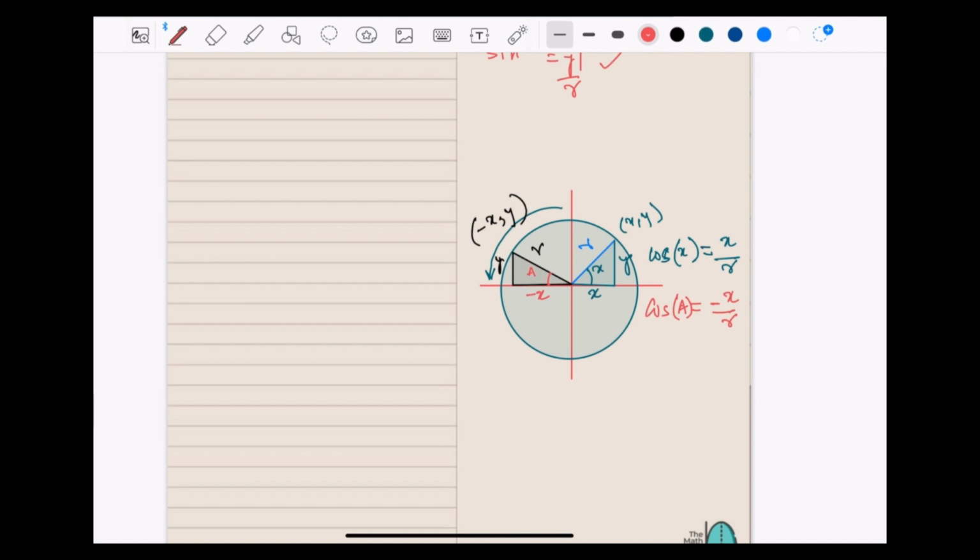So if we try to conclude that the cosine of an angle in the obtuse quadrant is the negative of the angle in the acute quadrant, or vice versa, I can say that cos of x is negative cos of 180 minus x, because if you see the angle A, it starts with this. We measure the angle from the zero line. By the way, this identity can also be written as negative cos of x. You can write it any way.